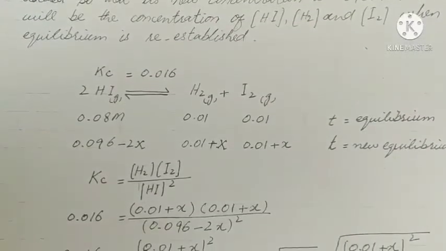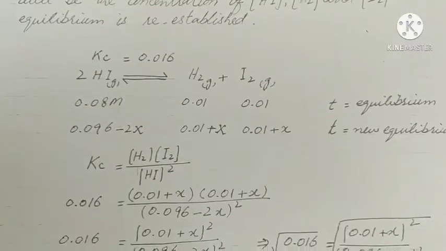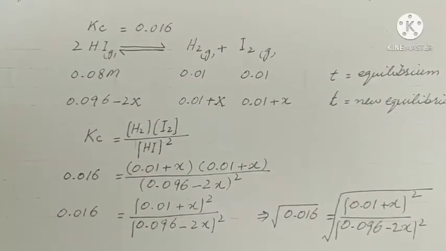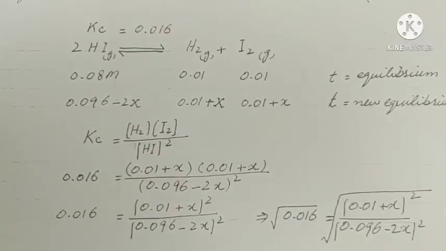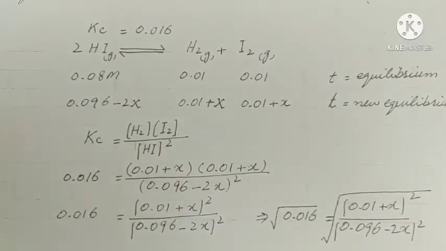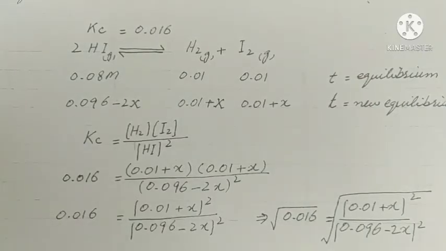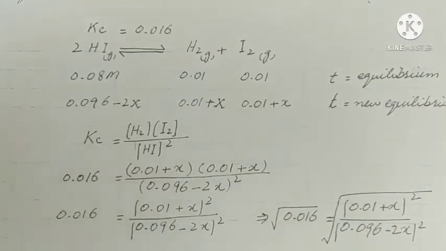For the new equilibrium, if hydrogen iodide is added, it will change into hydrogen and iodine, and the new concentrations will also change. The concentration of hydrogen iodide is 0.096 minus 2x, and H2 and I2 are 0.01 plus x each.